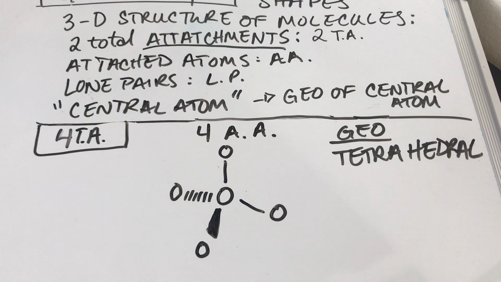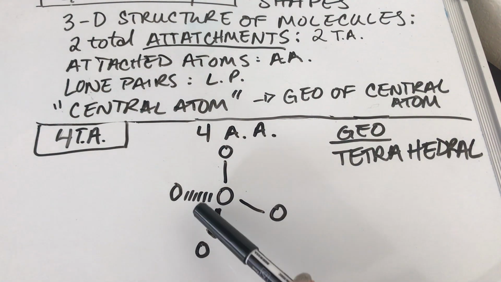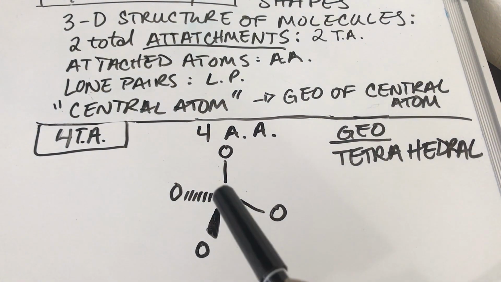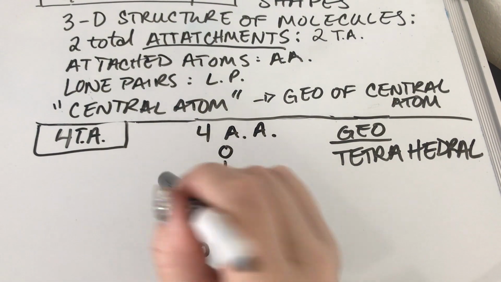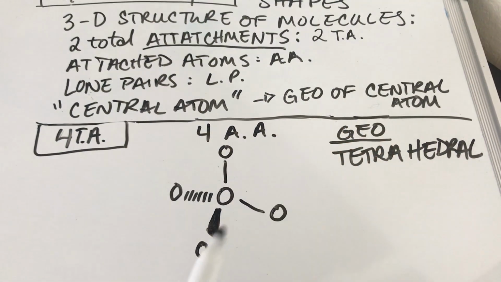Cool. Can you just go over what the dashes and the wedges represent? Yeah, the dashes are indicating that the atom is going back into the board, and the wedge is saying it's coming out. Now I wish I had brought my model kit home with me.